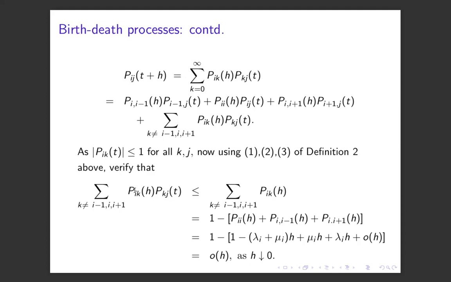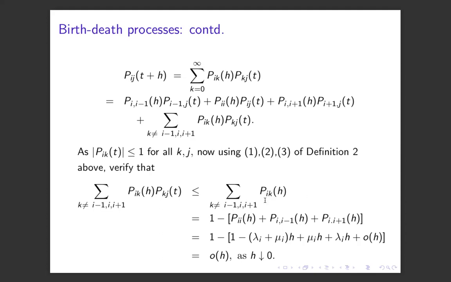Therefore, we just want to show that this summation, this huge thing, is very negligible, that is, it is small order h. Since each p k j t is less than or equal to 1, and all these terms are non-negative, this is less than this without that factor.